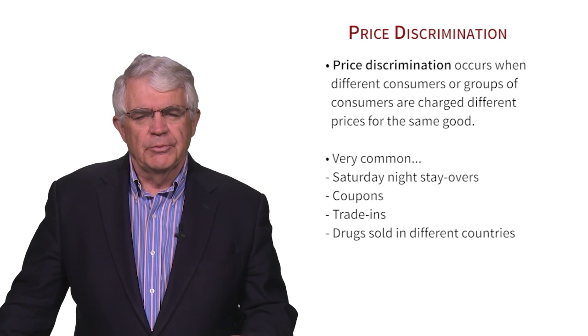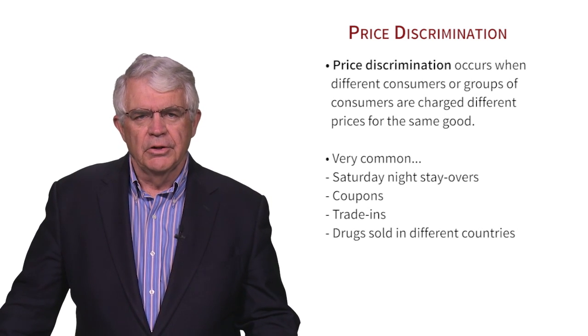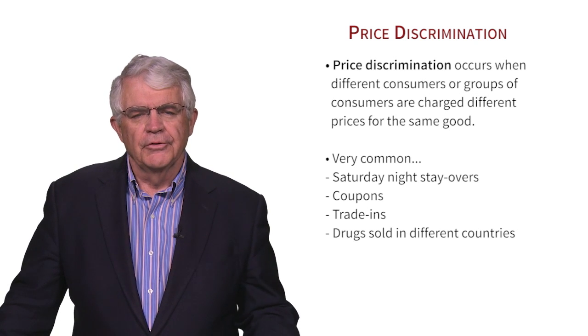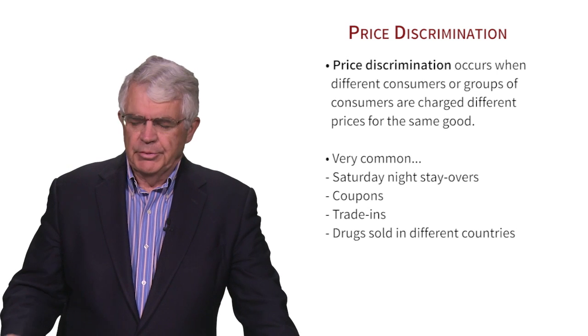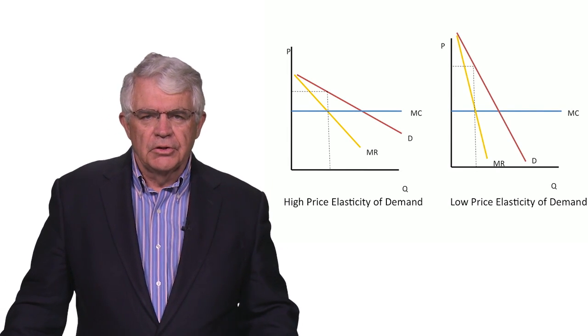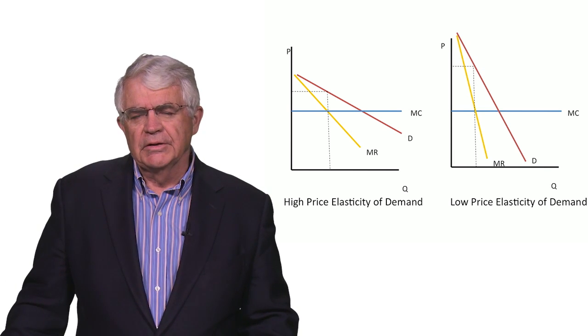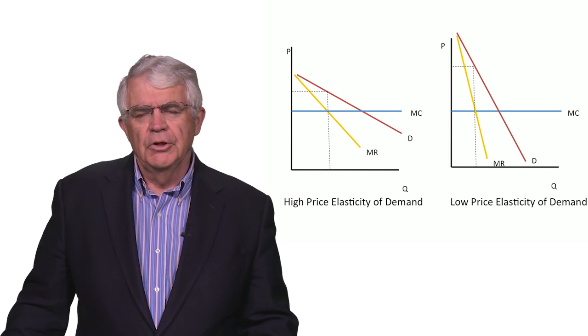So these are all examples of essentially the same product, whether it's travel between two countries, things you buy in the store, buying cars, or buying drugs, same exact product, but the firm will try to charge different prices in different places or to different people. The reason this occurs is largely because the price elasticity of demand can be different for different people. It's really the most important reason why this kind of price discrimination occurs.